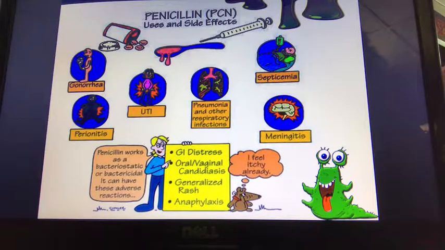When you kill a bacteria inside the body, all the toxins have to go somewhere, so you can have some GI distress and a rash. Very often people have anaphylaxis and an allergic reaction related to penicillin, but these antibiotics can also affect the oral cavity and cause the good bacteria to go out of the oral cavity and allow yeast to grow there.